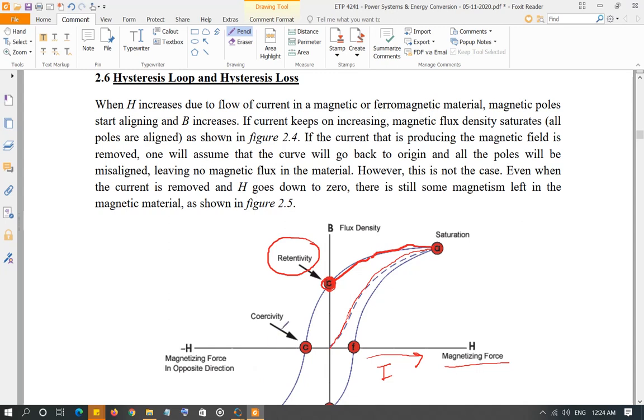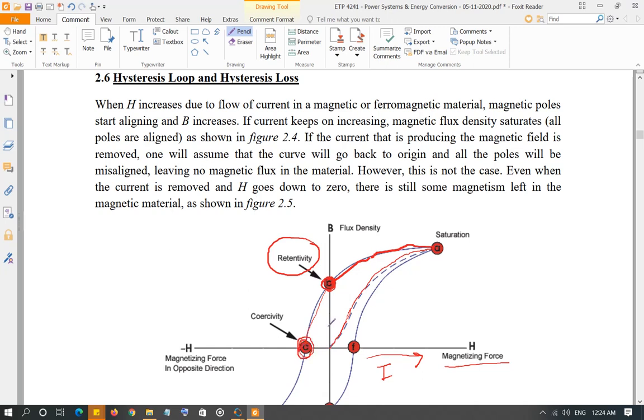Now, let's say you want to remove all the retentivity, or you have an alternating current. The current is going back to zero, you still have some magnetism left. Now, when the current starts going again in the opposite direction, or if you want to make all the dipoles misaligned so that there is no magnetism left in the substance, you start giving some energy in the opposite direction, and finally at point C, all the dipoles become misaligned.